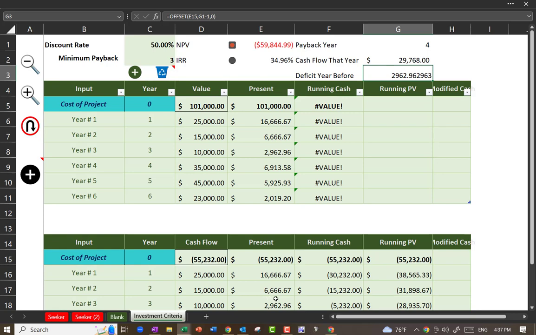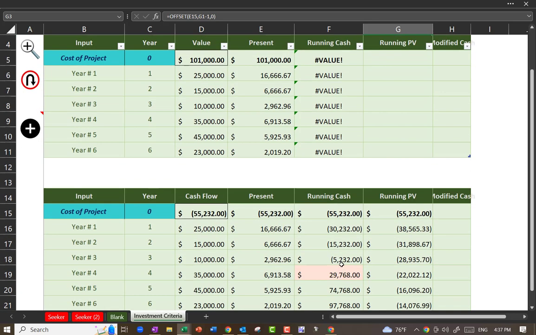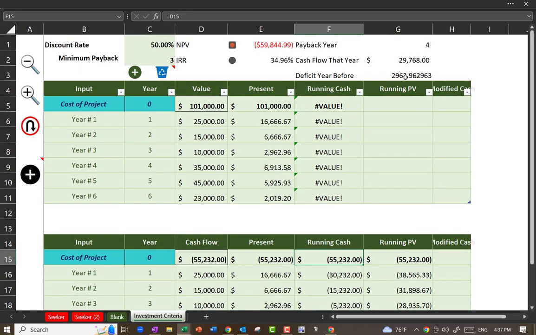Oh, I need to offset F15. Sorry, not E15. And this should be the cash flow, which means I need to offset D. Not F, D.